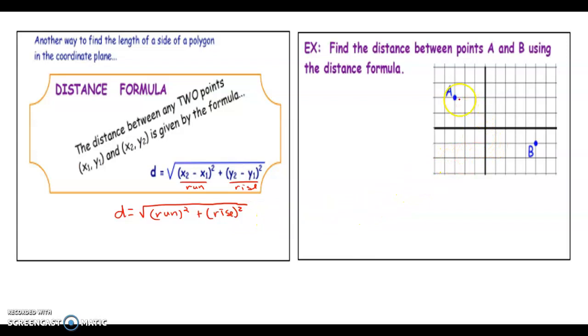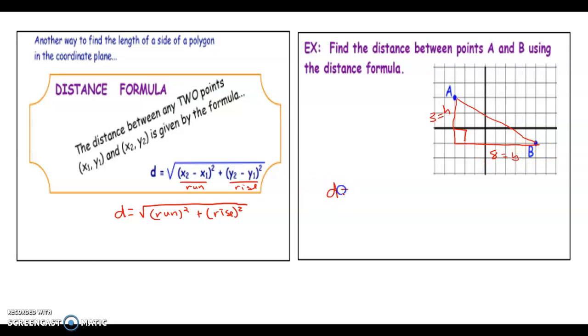So let's take a look at these two right here. If I were to connect them, make that diagonal, remember I can make a right triangle off of this. 1, 2, 3. 3 equals my height. 1, 2, 3, 4, 5, 6, 7, 8 equals my base.